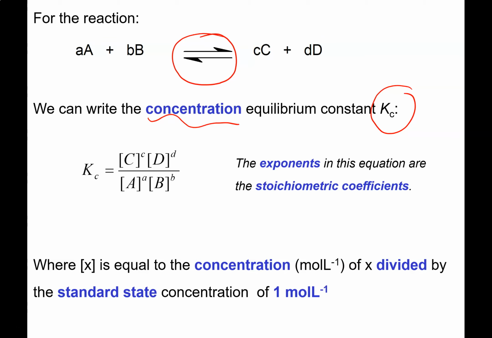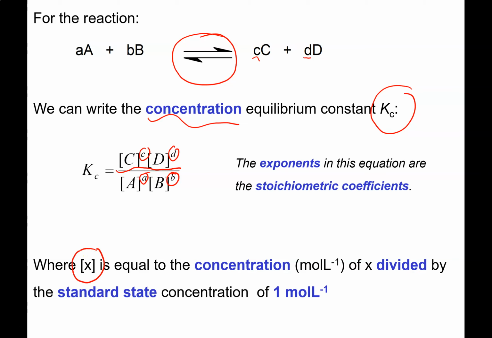Kc is equal to the concentrations of the products multiplied together, each concentration raised to the power of its stoichiometric coefficient, divided by the concentrations of the reactants multiplied together, and each of those reactant concentrations is also raised to the power of its stoichiometric coefficient.